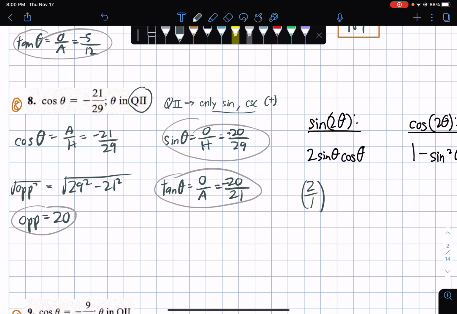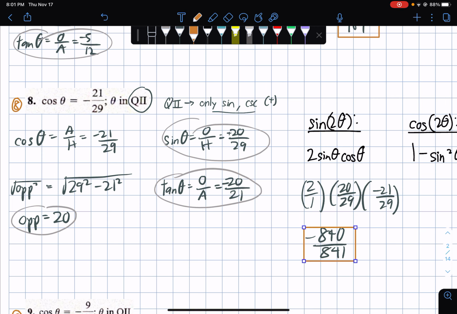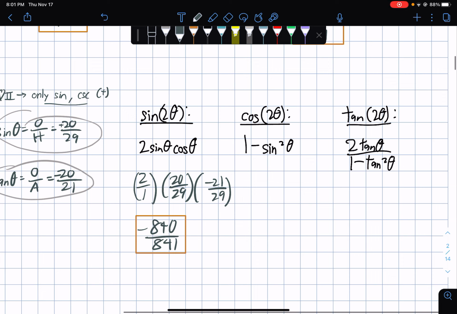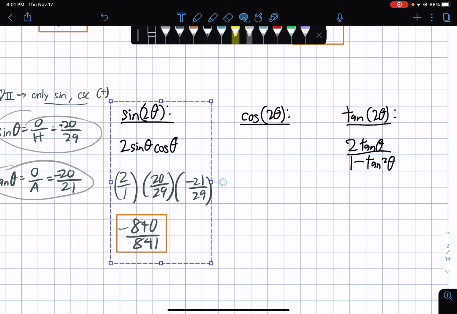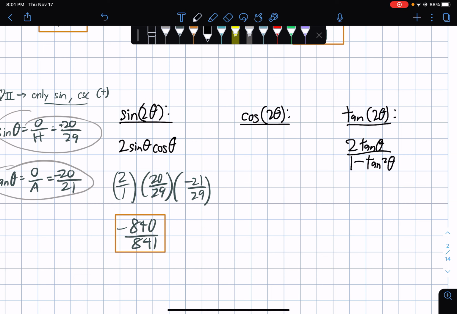2 times sine, which is 20 over 29, times cosine, which is negative 21 over 29. What you get is negative 840 over 841. For cosine 2 theta, this time let's use another technique, another equivalent formula of cosine 2 theta.